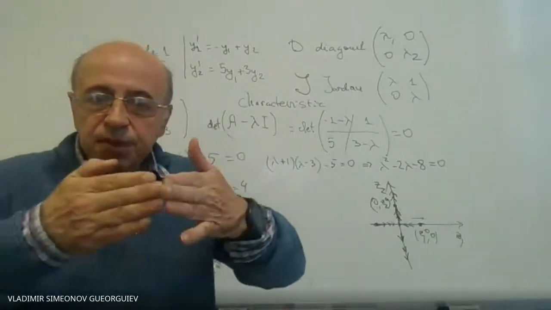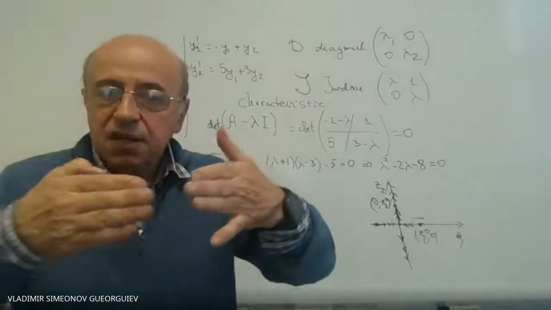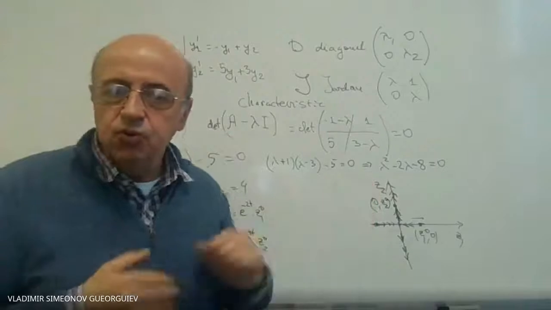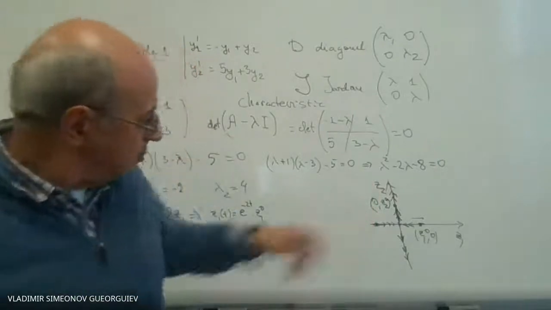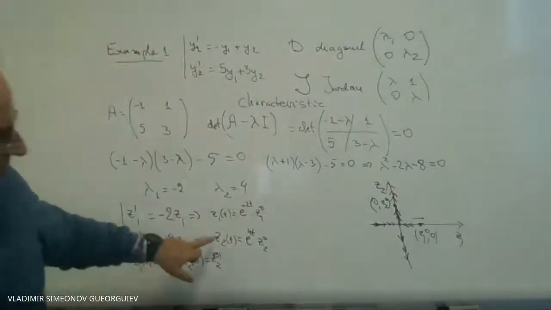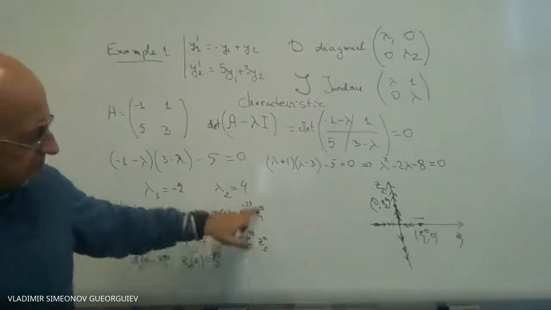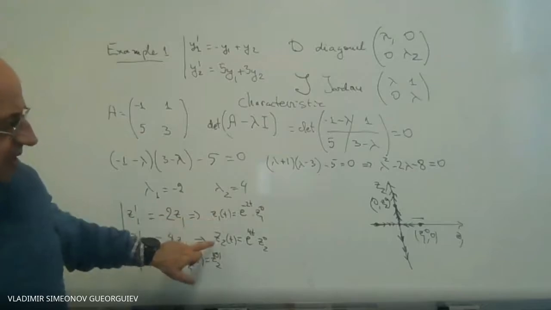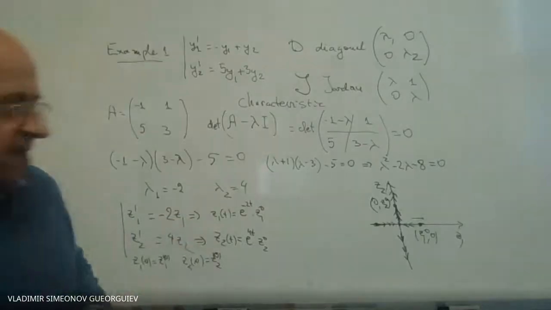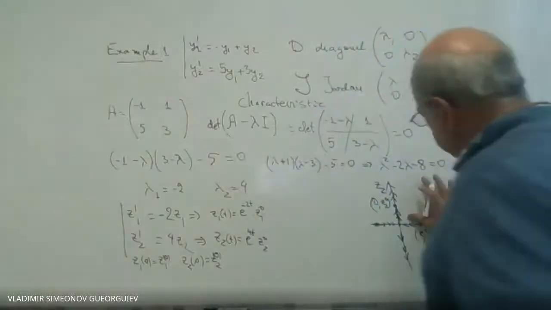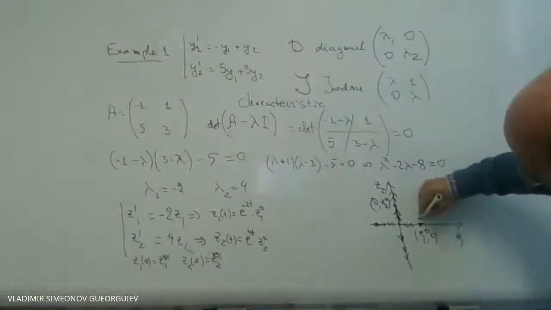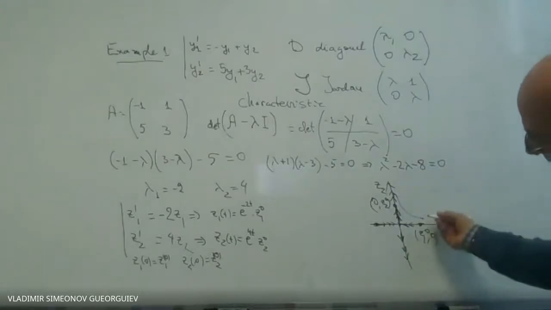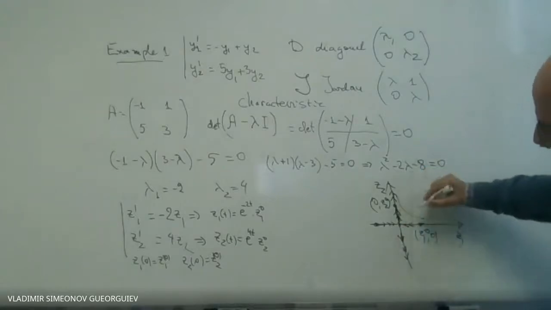And the next principle, due to Cauchy, is that they never intersect. You cannot intersect two curves if you want to build the picture. Therefore, if you see, for example, here, this is decreasing and Z2 is increasing. Therefore, I have to build the following thing: a curve such that Z1 is decreasing, Z2 is increasing.